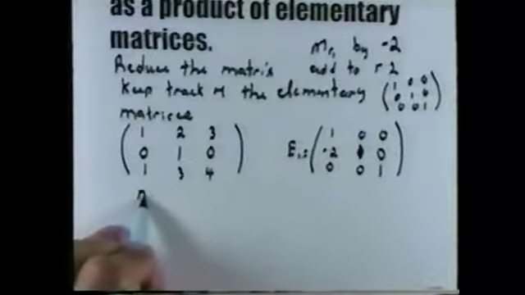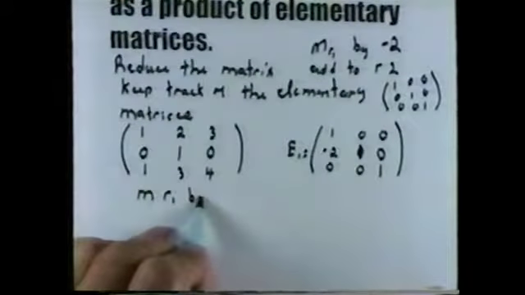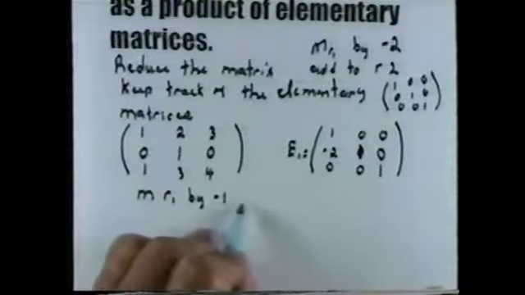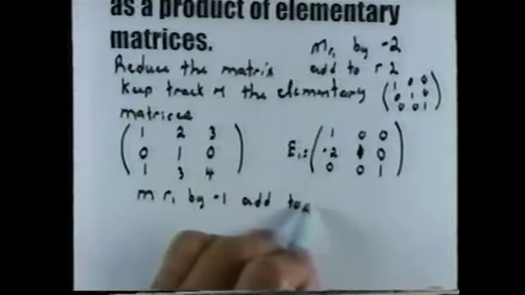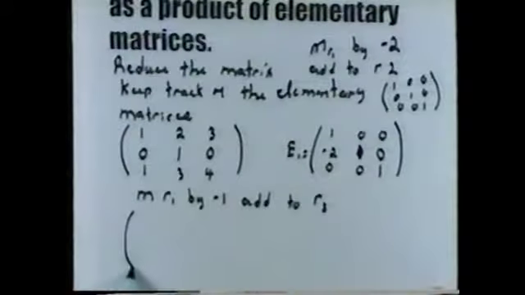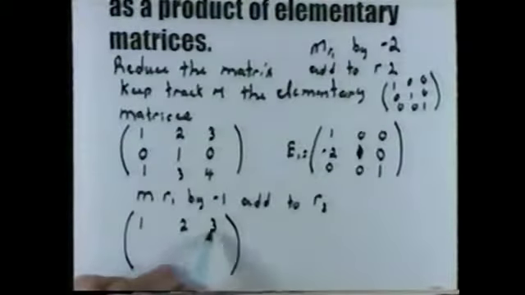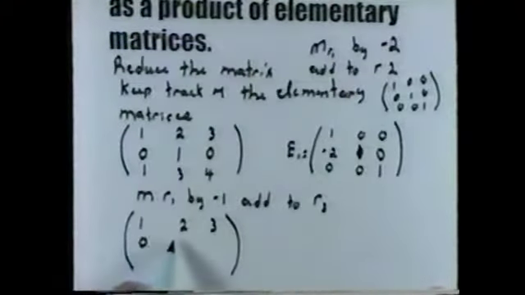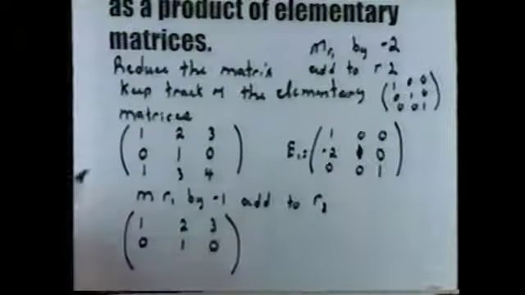Now I'm going to multiply row 1 by negative 1, add to row 3. So leave row 1 the same, leave row 2 the same, but I'm going to multiply row 1 by negative 1 and add to row 3.